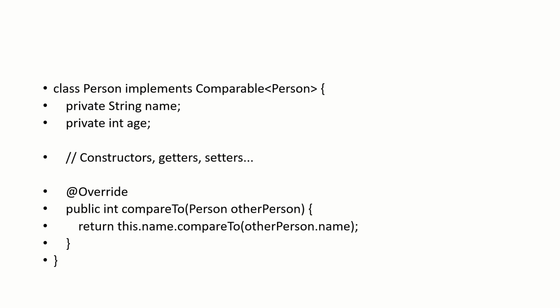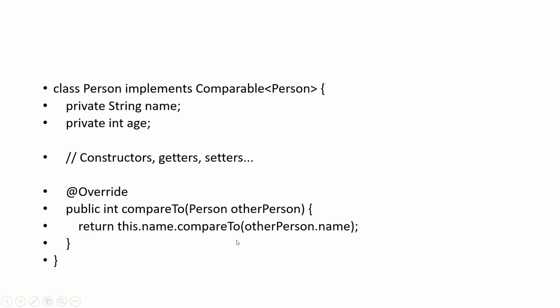In this class we have the name and the age instance variables. What we are doing is comparing the name with the name of the other Person argument that we passed. So with this reference we are comparing the other person's name.